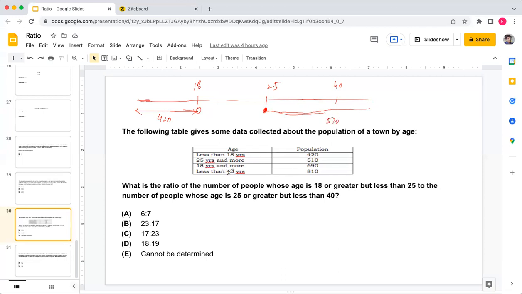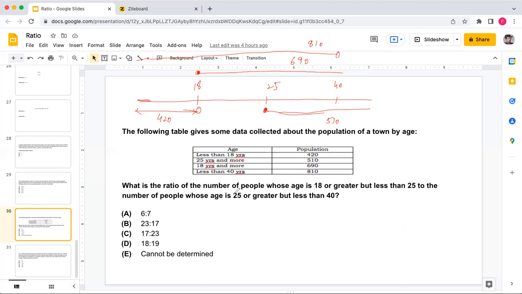The third one is 18 years and more. This is 690. And the last one is less than 40 years, which is equal to 810.